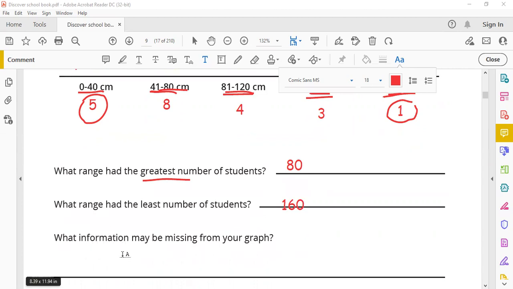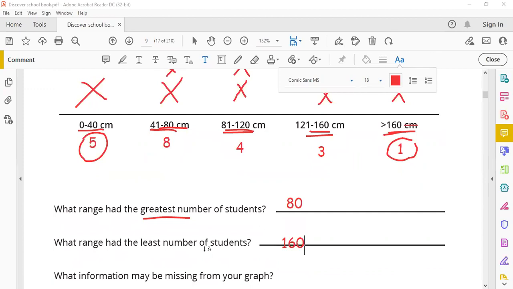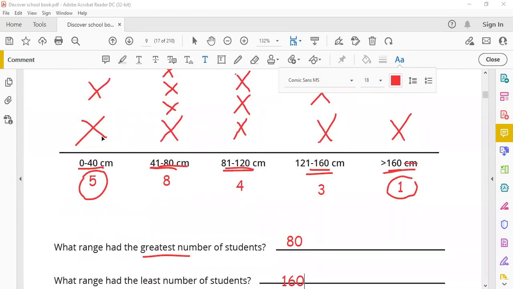What information may be missing from the graph? The graph is telling us about the number of students and the ranges, the number of centimeters. What is missing here? What doesn't this graph tell us about? Did the graph tell us about type?